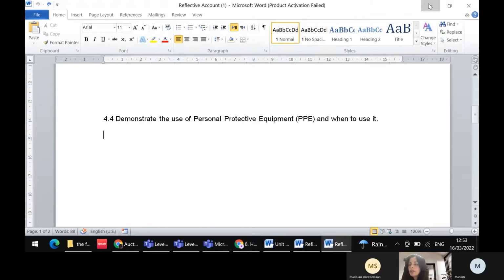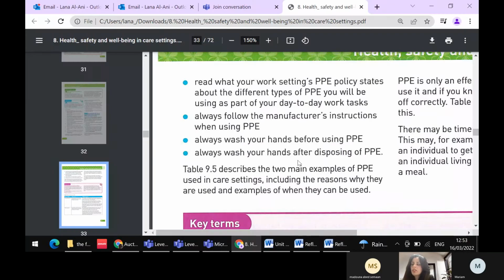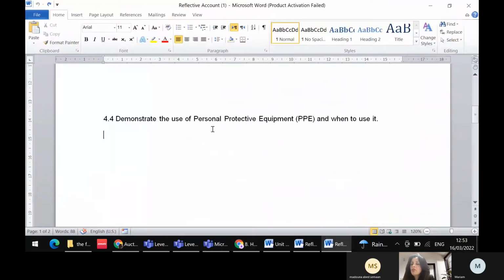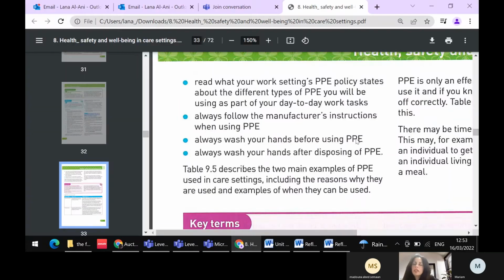So this is how to answer the question. It says demonstrate how to use them and when to use them. So I use them if there is any person who's infected in the setting, if I need to take my client to have a bath, or if there is anything that needs cleaning, like body fluid on the floor that I need to mop.